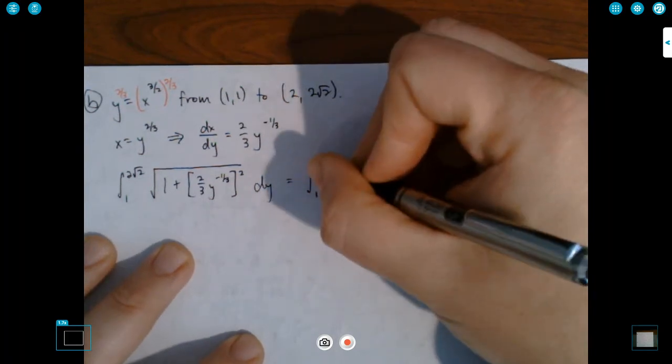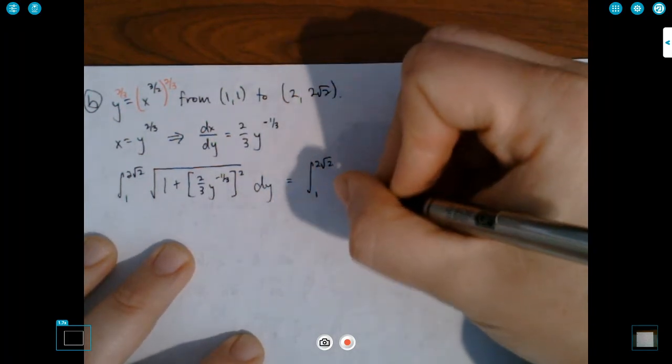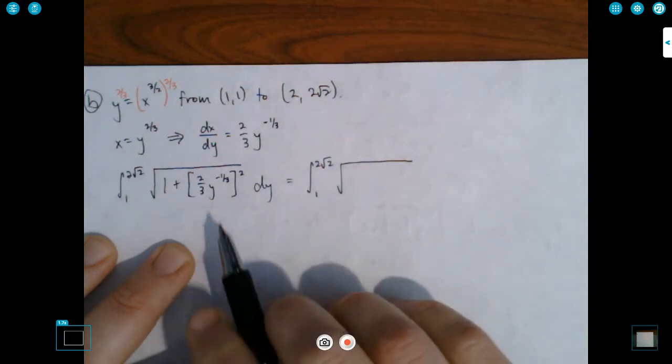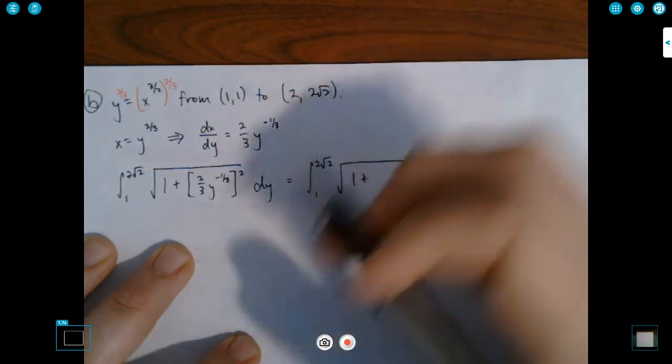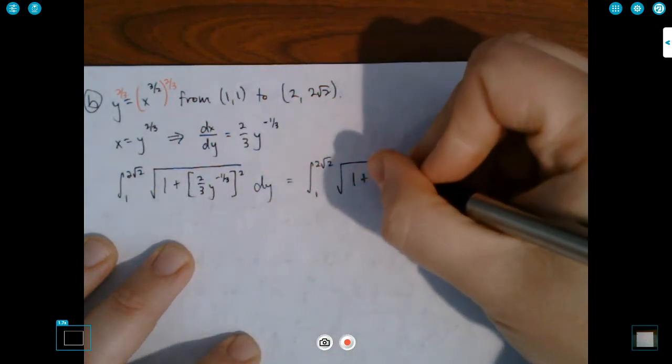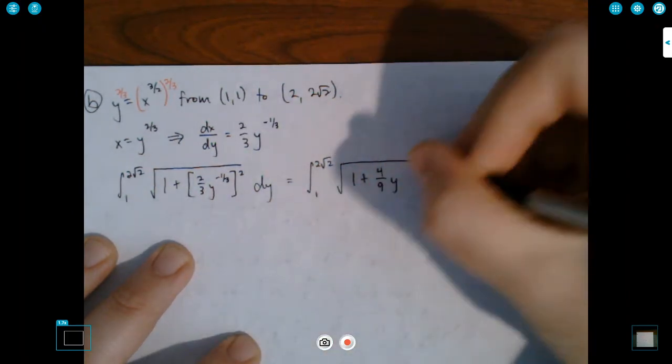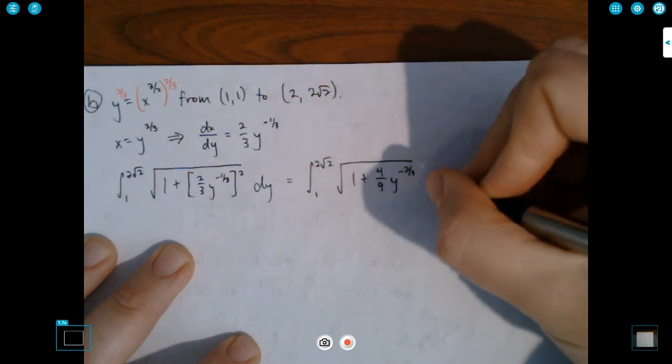So 1 to 2 root 2 square root. This is going to be, well, 1 plus 4/9 y to the negative 2/3.